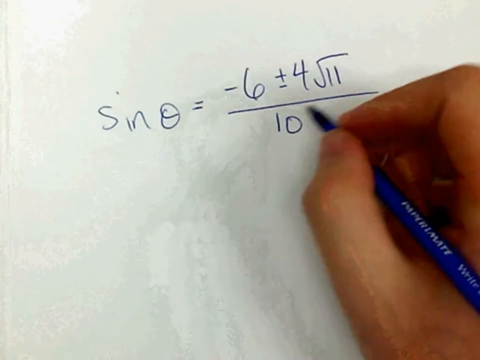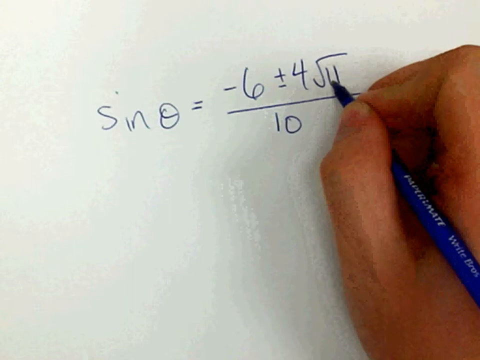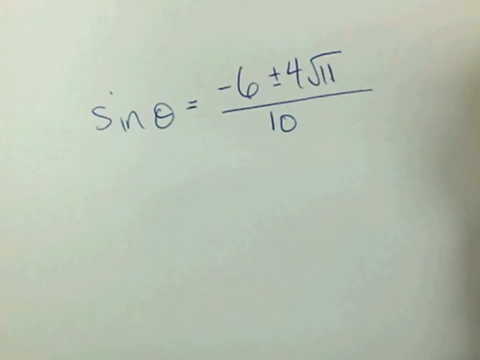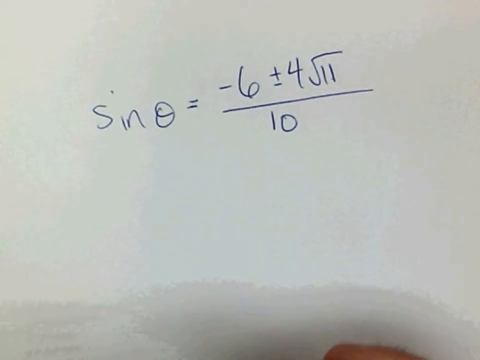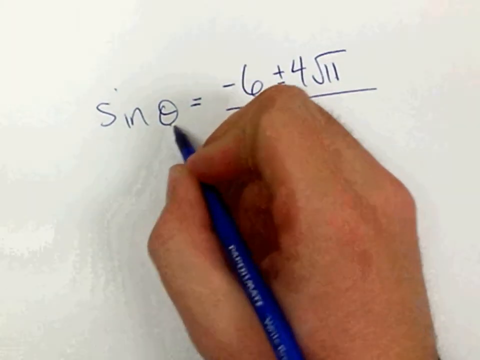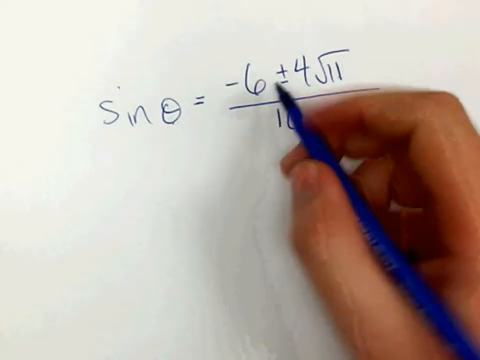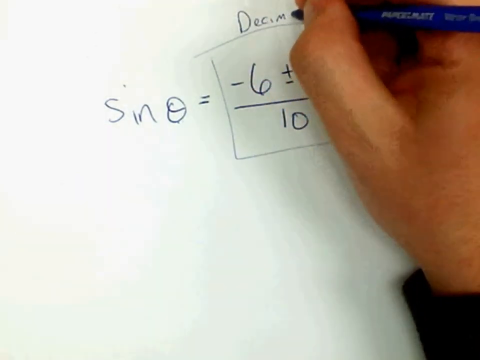Now this is reduced as far as it goes. I can't take anything else out of here because this is prime. There are no more perfect squares that come into this problem. What you need to do at this point, because I still need to figure out what is theta. I don't care what sine theta is, I want to know what theta is. So turn this into a decimal very carefully.